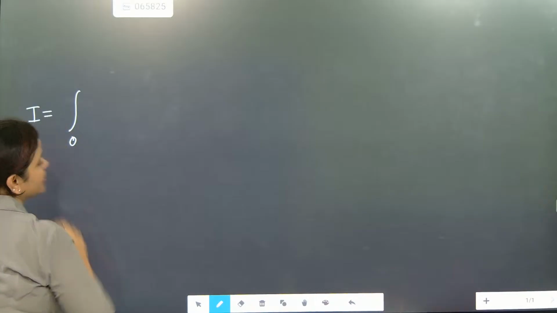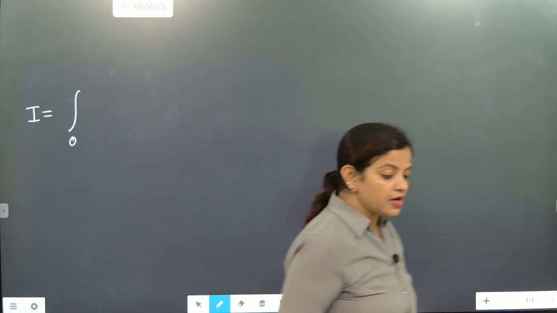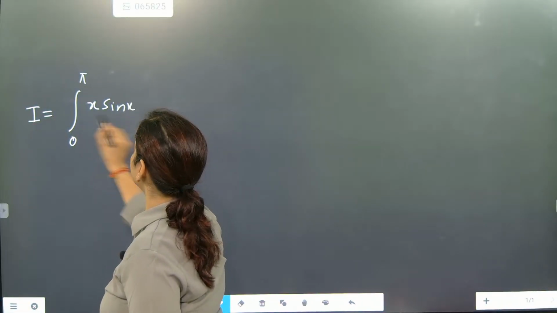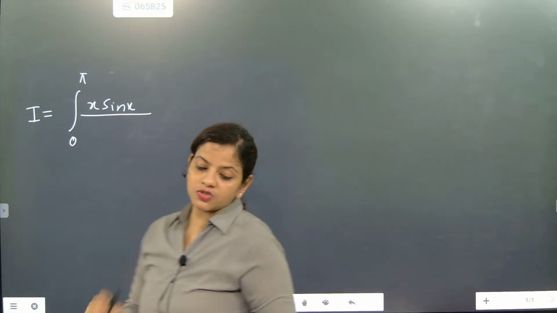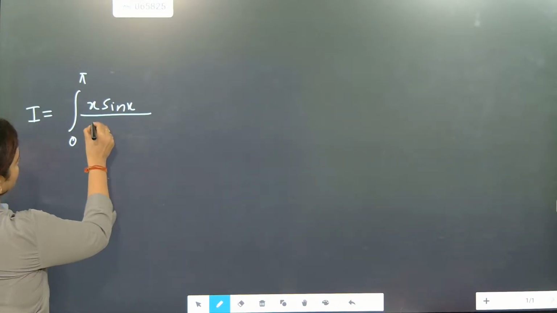The question is, I is equal to integral from 0 to pi of x sin x by 1 plus cos square x dx. Solve it very carefully. Please try this question.